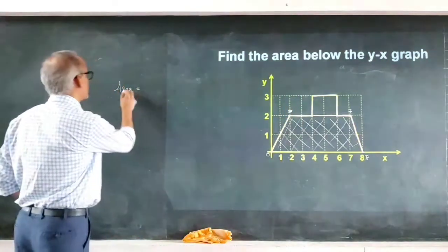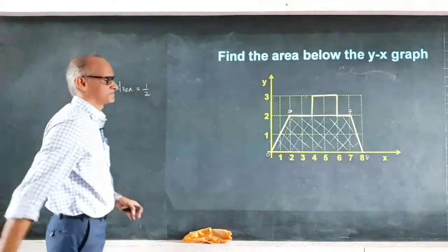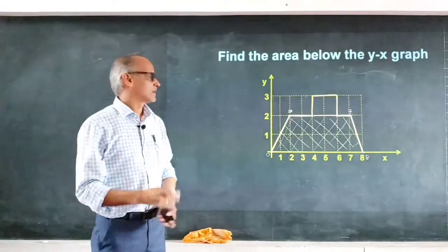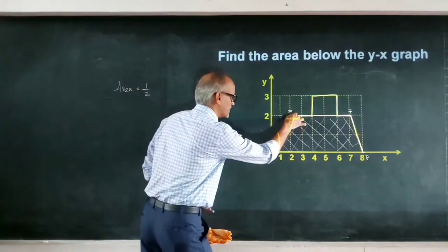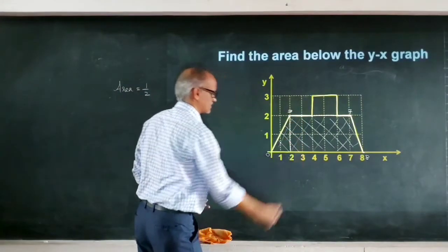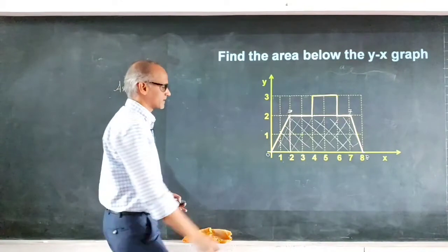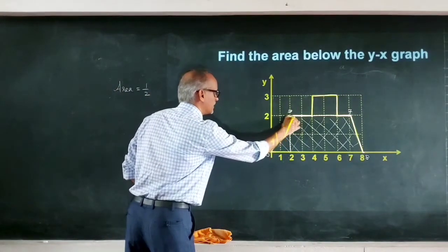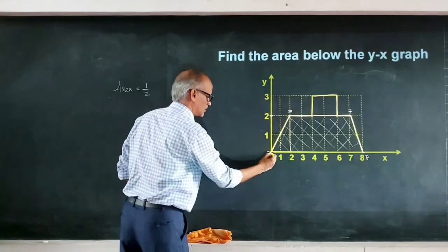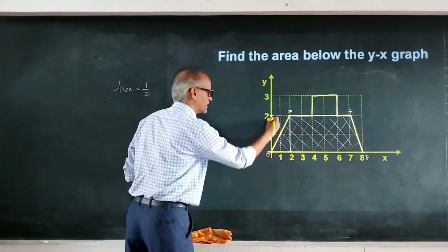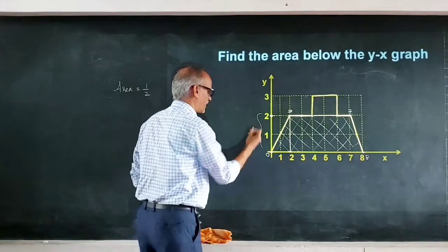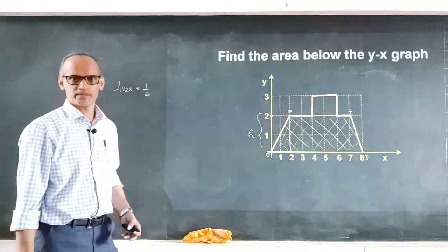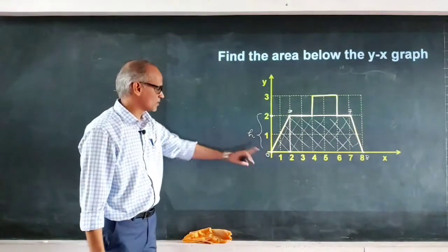So, how to find the area? Area is equal to half into height. Height is nothing but the distance between the two parallel sides. How much is that? Here it is 0 and this value here is nothing but 2. So 2 is the height of the trapezium, 2 minus 0 is 2.